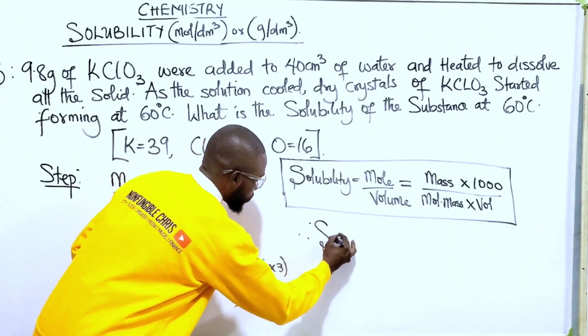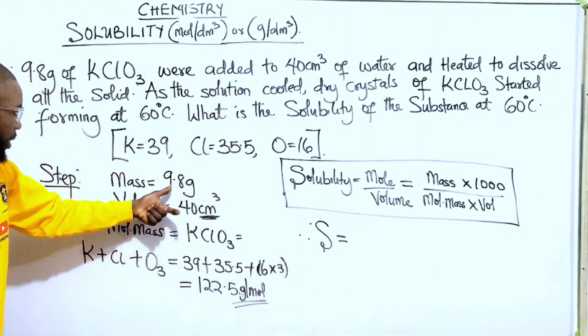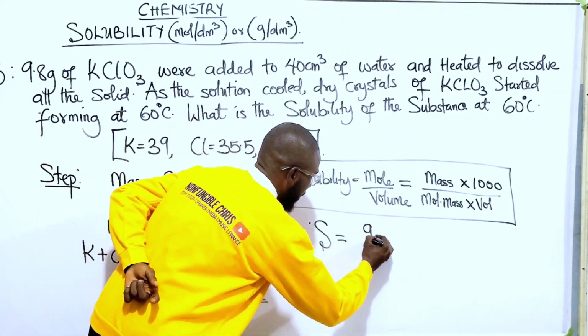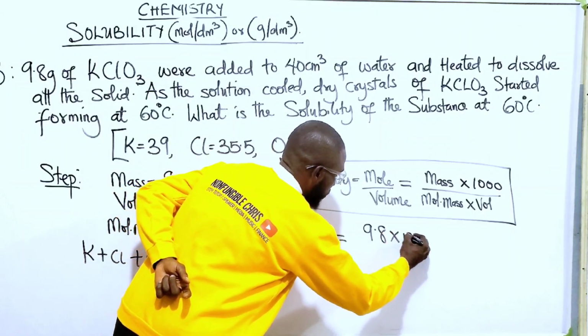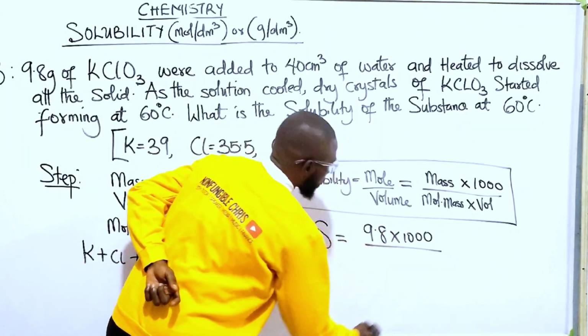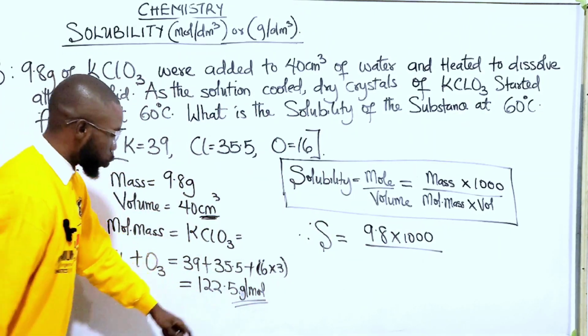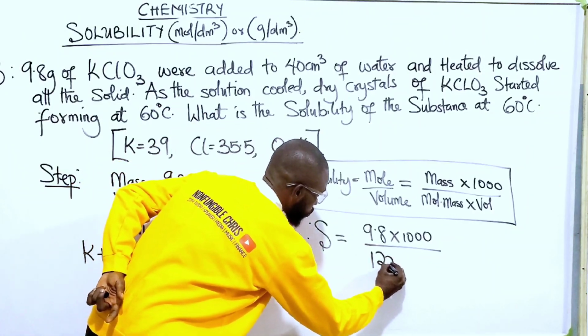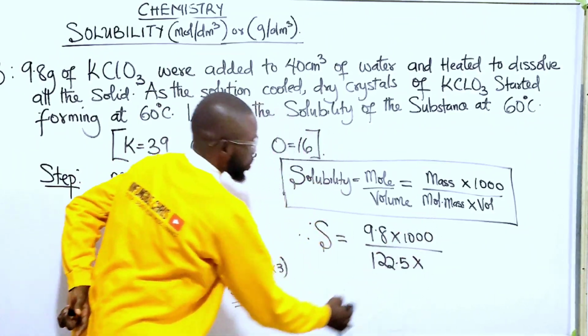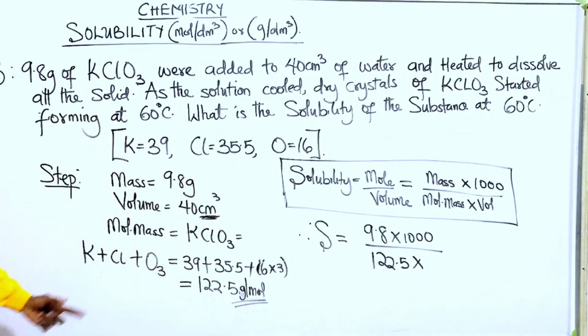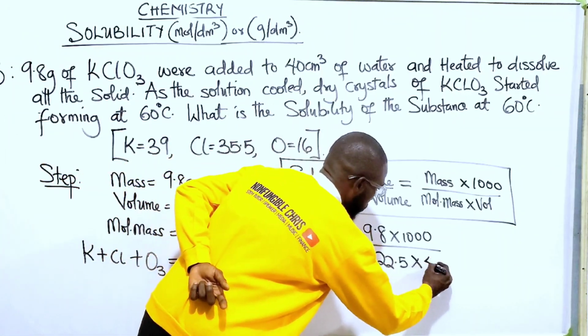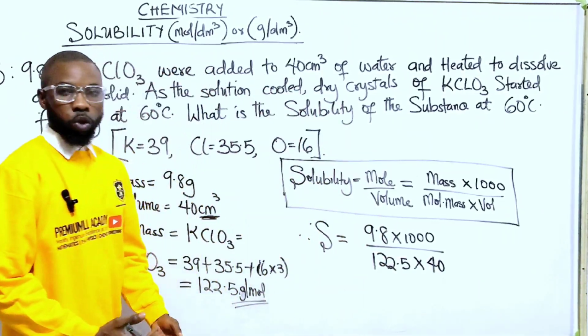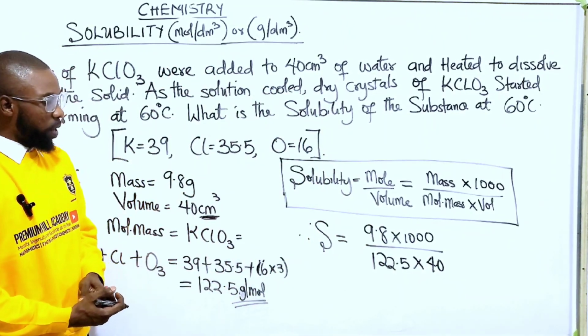Therefore, our solubility becomes: our mass, 9.8 times 1000, over our molar mass, 122.5, times our volume, which is 40. We take the arithmetic sum of everything there.